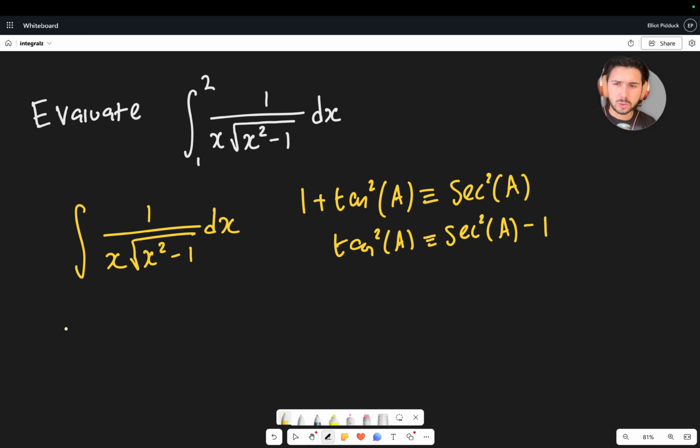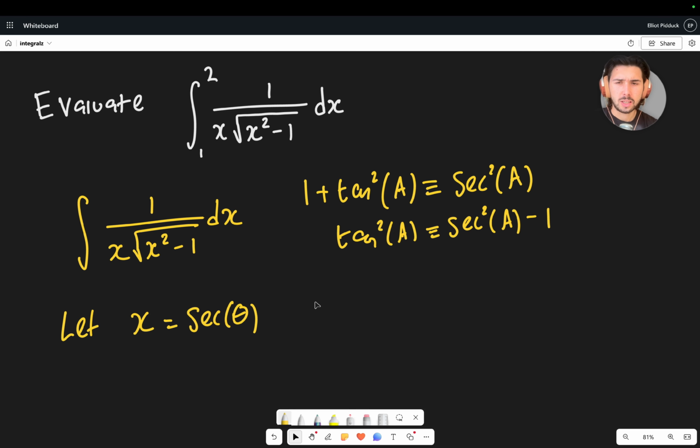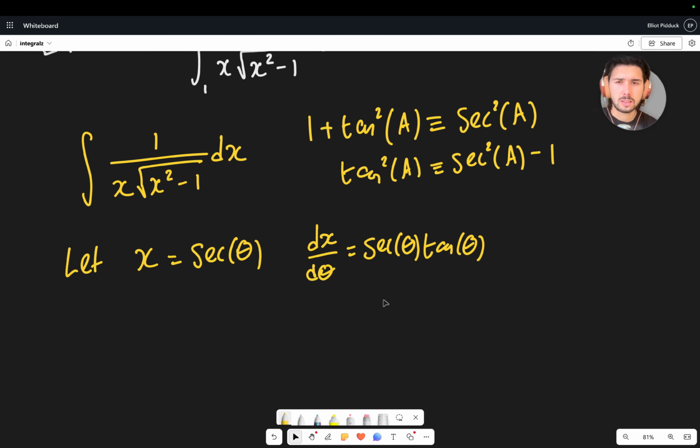So what we're going to do is we're going to let x equal sec theta. I know it seems a little bit random, like, okay, sec, that's a bit strange, but you guys will see how it all comes into place. So first of all, let's find what dx d theta is. The derivative of sec is sec times tan. So the derivative of sec theta is sec theta times tan theta.